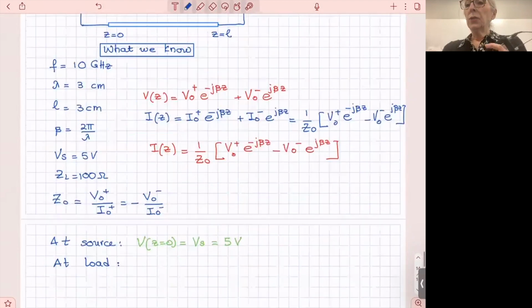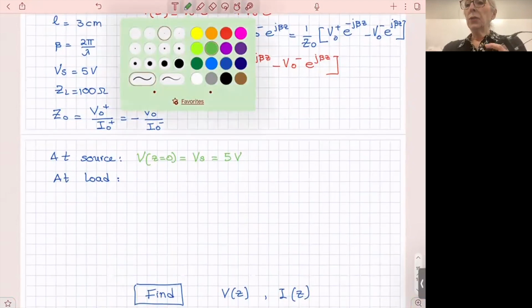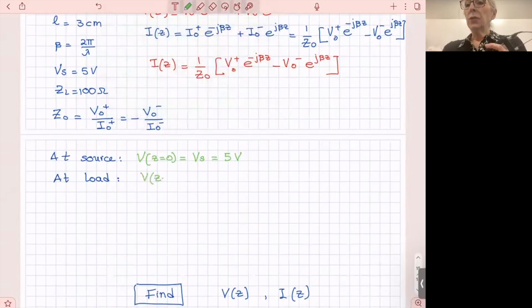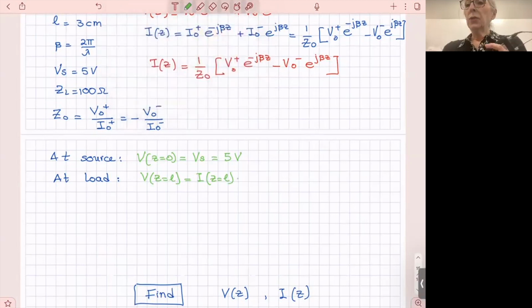So at the load, we have that V at the load, which is Z equals L, equals I when Z equals L, the current that flows through the resistor, times the resistor, the load. These are two more conditions we know. So practically, this is going to be I at Z equals L times 100.